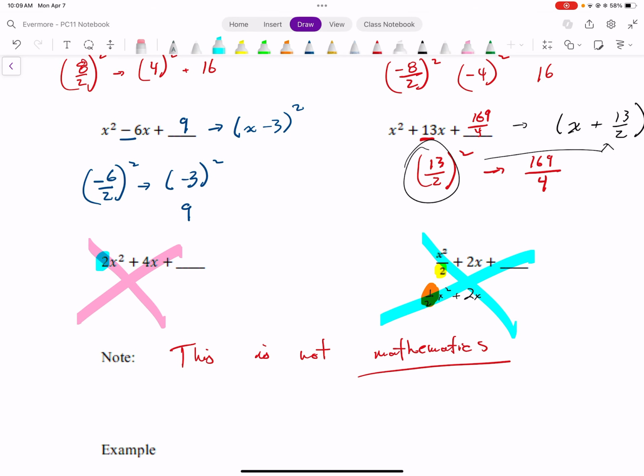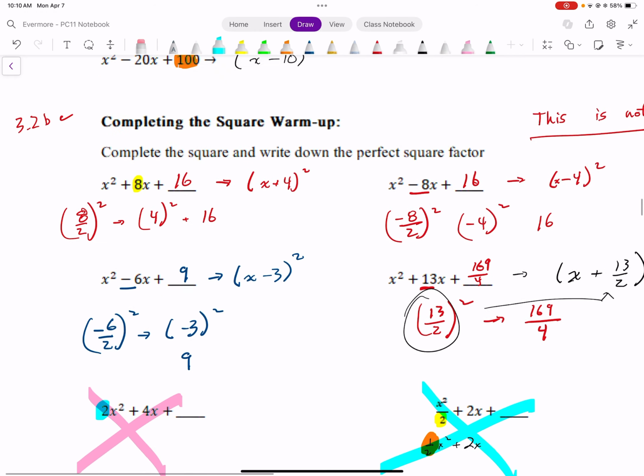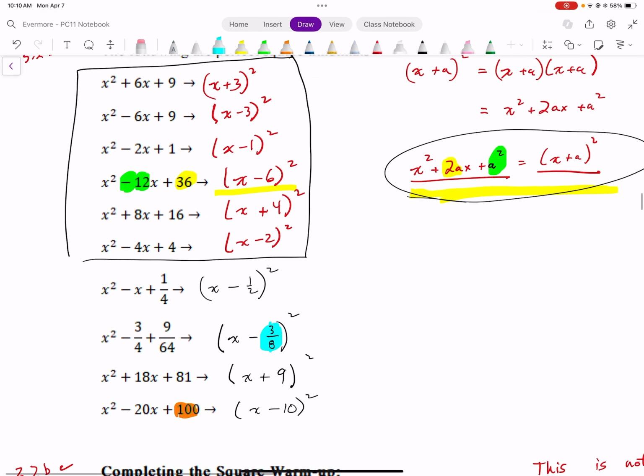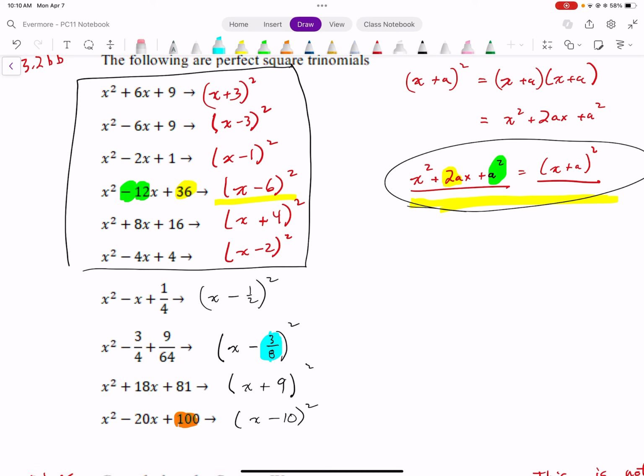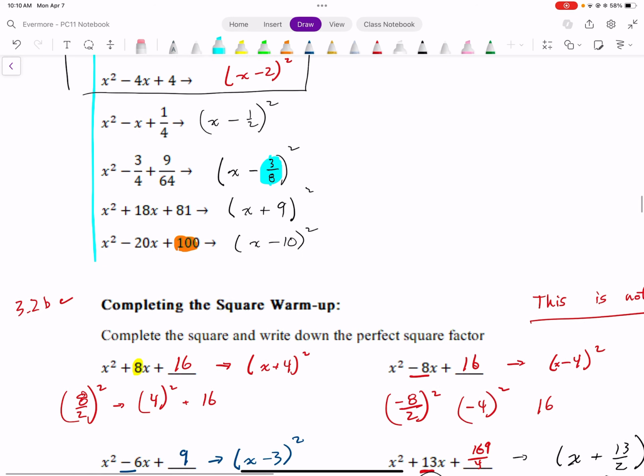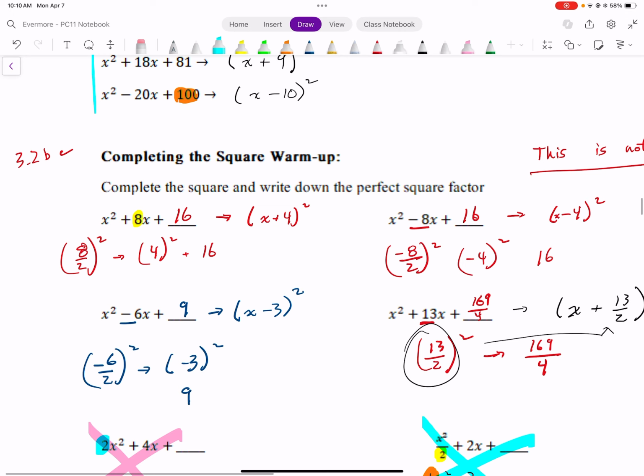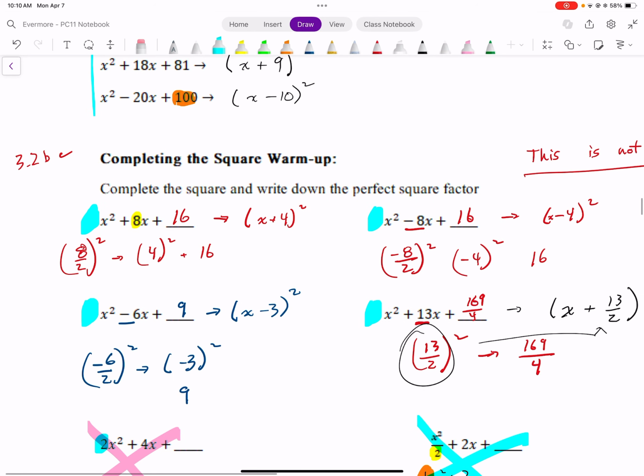And essentially, for the sake of this lesson, anytime we come across a perfect square trinomial, our coefficients were always 1. Even when I completed the square here, my coefficients were 1.